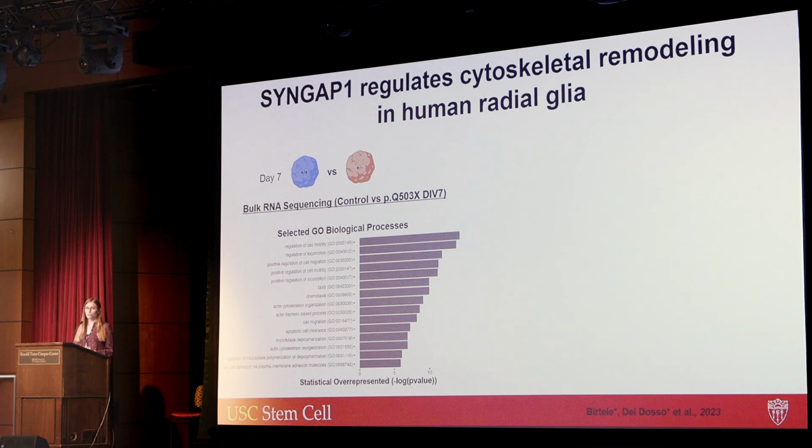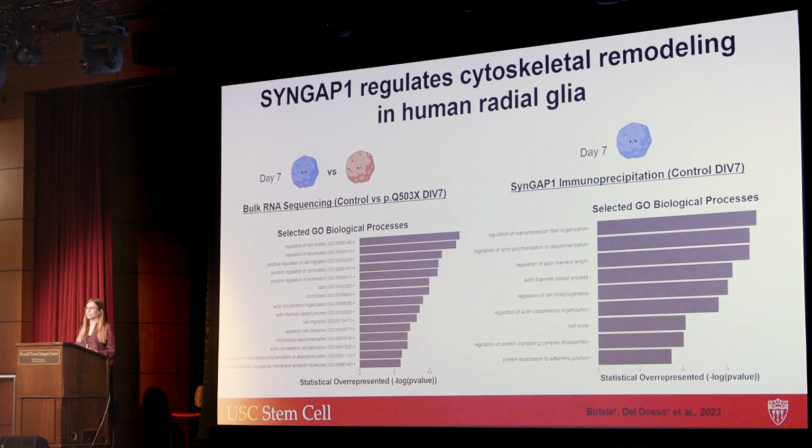And we compared it to organoids generated from the same line, but we CRISPR corrected the mutation. So you see here the differentially expressed terms that mainly give us an idea of SYNGAP being associated with the cell locomotion and migration.